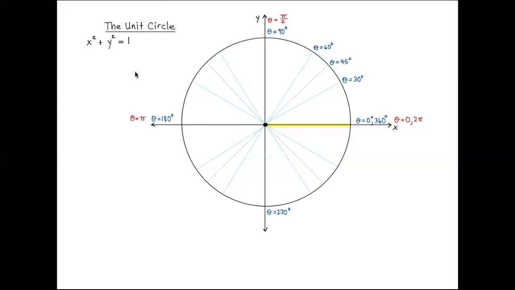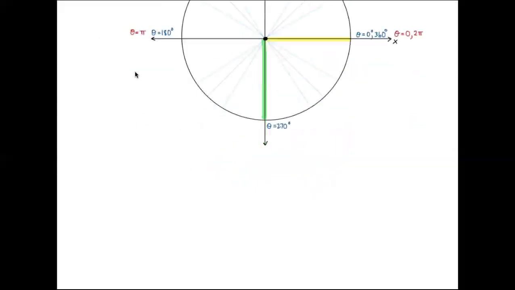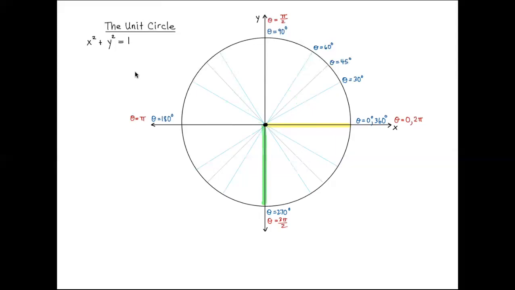If I want to go all the way around to here, I've gone 1 pi over 2, another pi over 2, so 2 pi's over 2, 3 pi's over 2. So I can label this here as 3 pi over 2. Here we go. So we've labeled all of the points: 0, pi over 2, pi, 3 pi over 2.